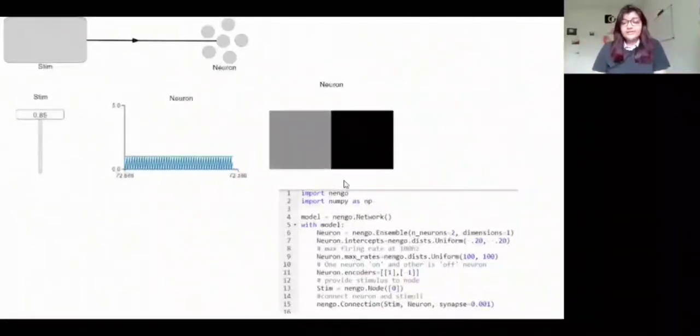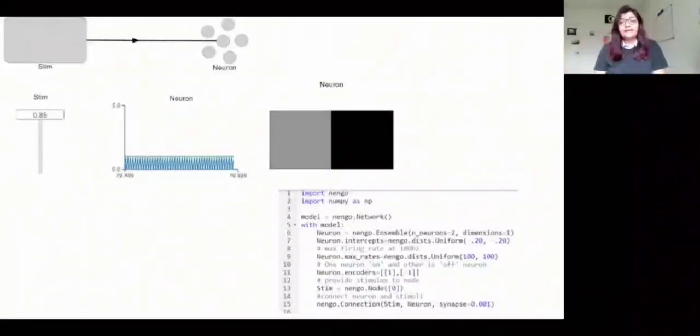Here I have given only two neurons, and those two neurons will behave like a Leaky Integrate-and-Fire model. That means they will turn on and off based on our input. When our stimulus is higher, let's say here 0.85, only one neuron will activate at max, and the other will fluctuate.